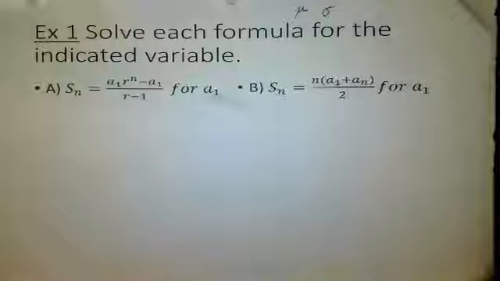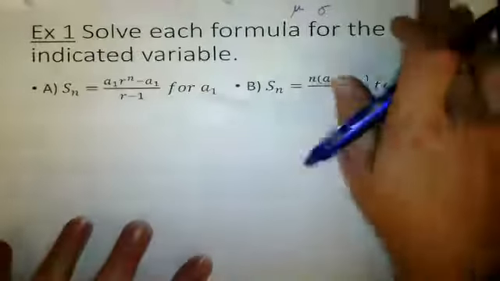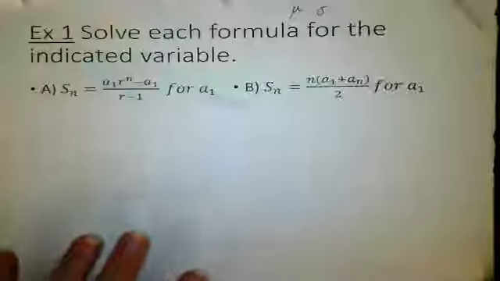These formulas have to do with arithmetic and geometric series, which I'm not sure we'll actually talk about this year. We might not have time. But believe me, that's okay. You'll see them in Calc 2.